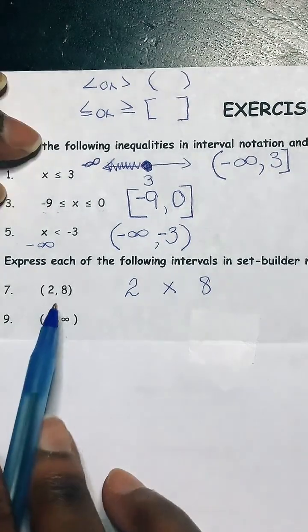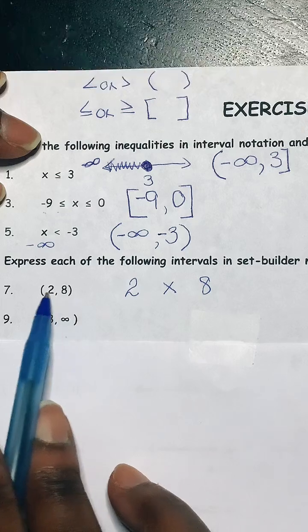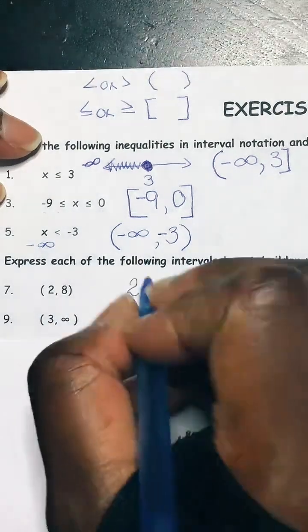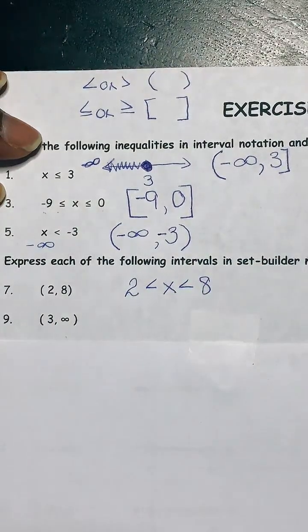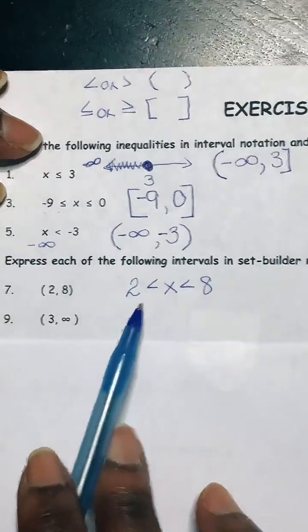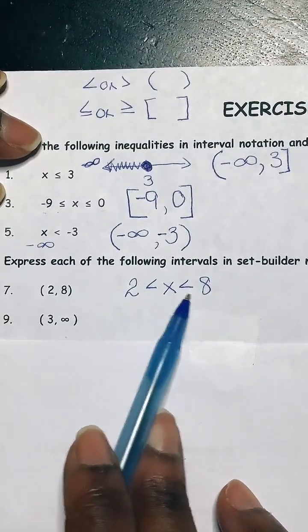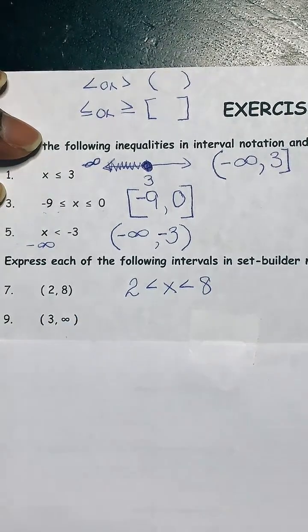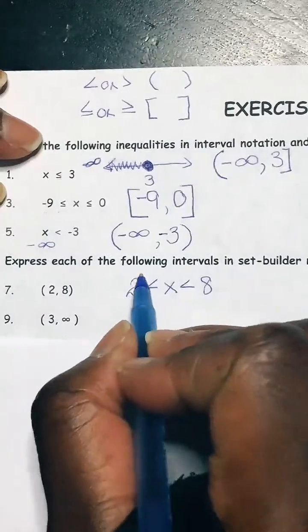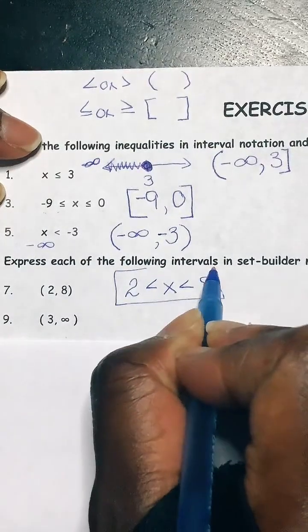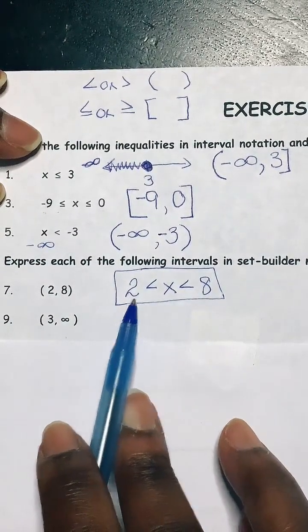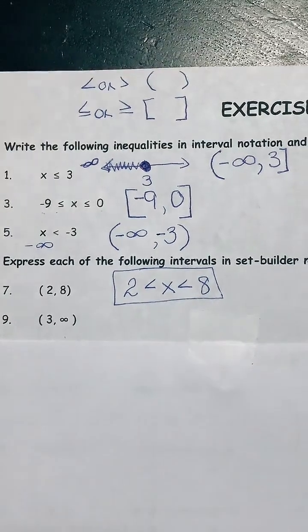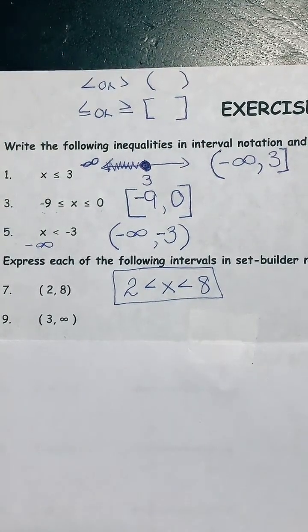Since both ends are parentheses, and my inequalities are always going to go to the left, less than, we're not putting lines underneath them because they're parentheses, not brackets. This is your answer. My lowest number is 2, my highest number is 8. It always goes lowest number, then highest number. 2 less than X less than 8. Yes, Melissa.